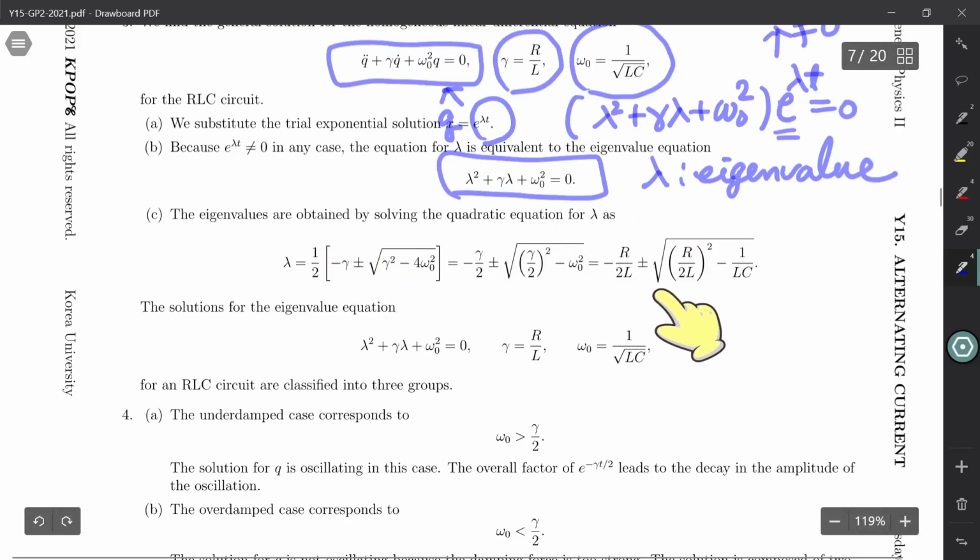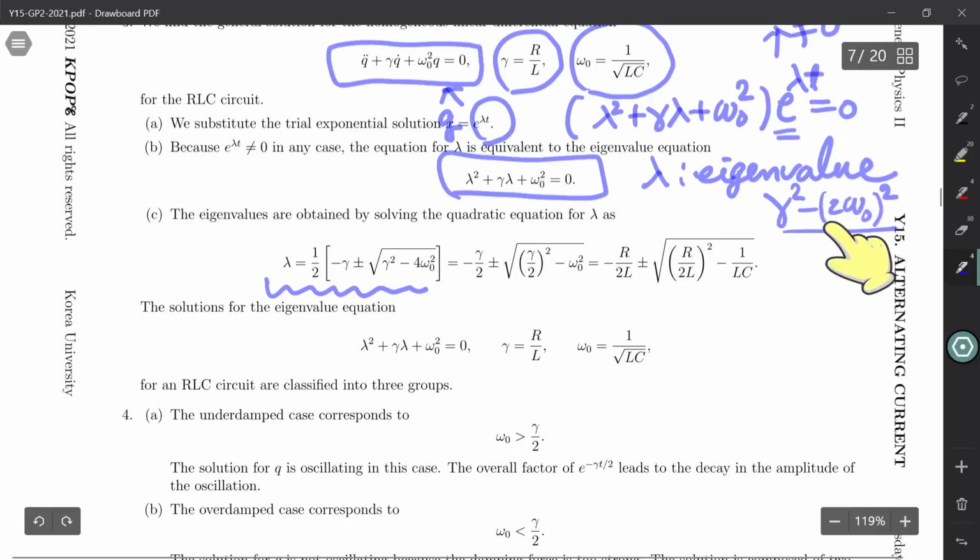The solution for this quadratic equation is this. Here, the expression gamma squared minus 4 omega 0 squared inside the square root, we call this the discriminant.